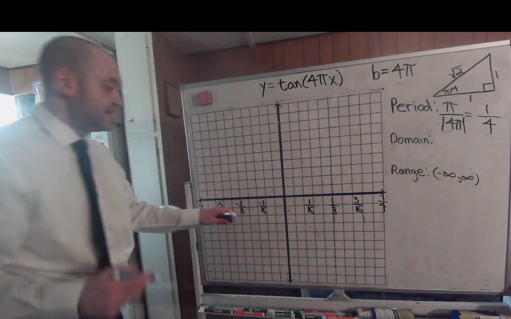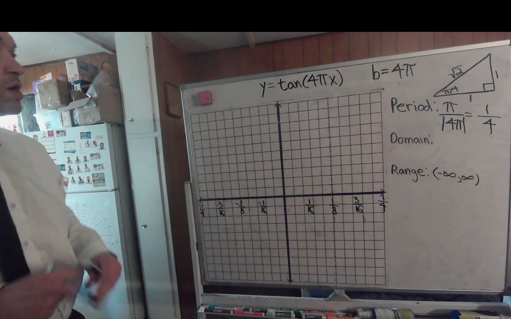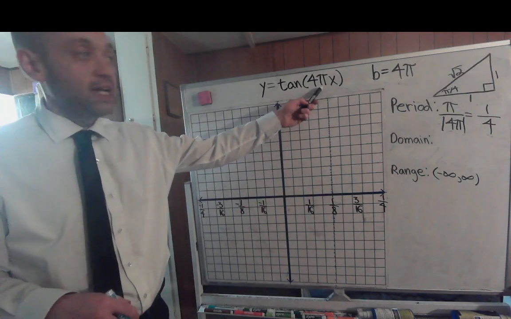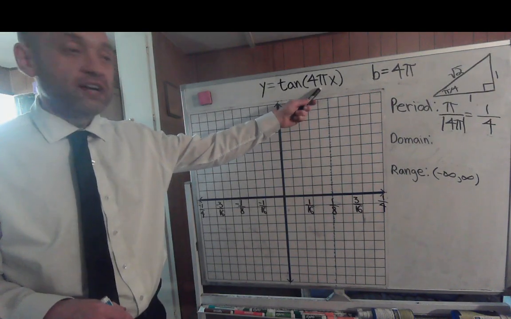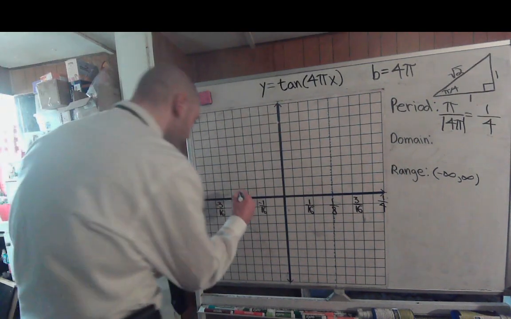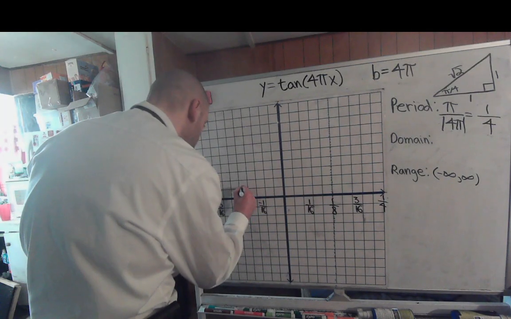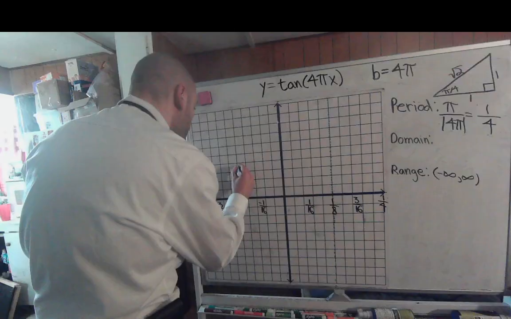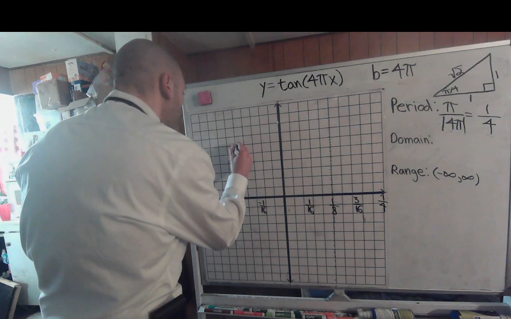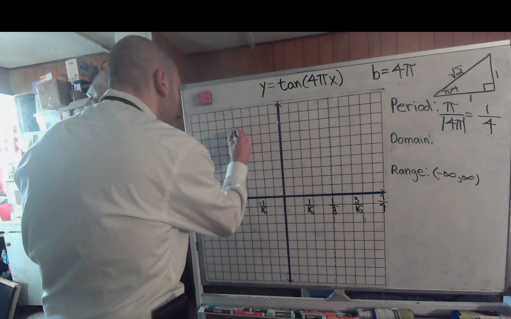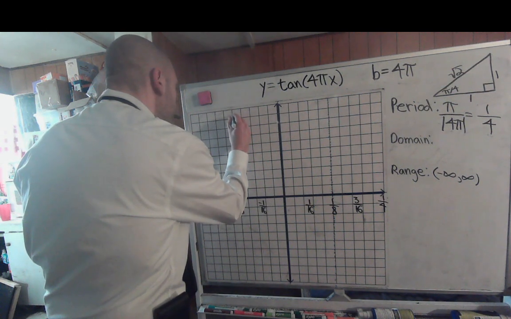Now what if I did negative 1/8? Well, that would give me the tangent of negative pi over 2, which is also undefined. So we'll have a vertical asymptote at x equals negative 1/8.